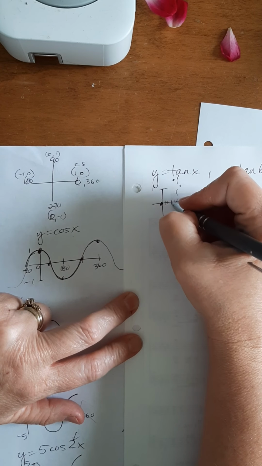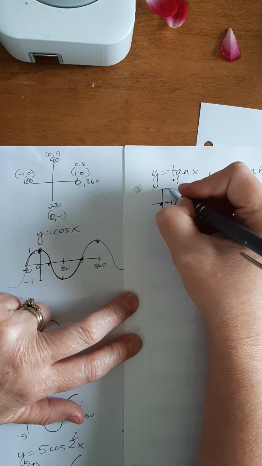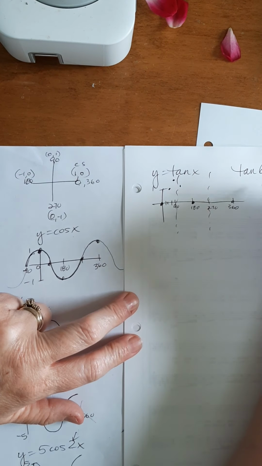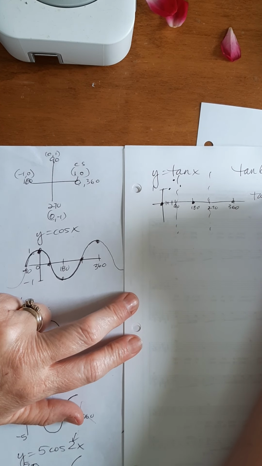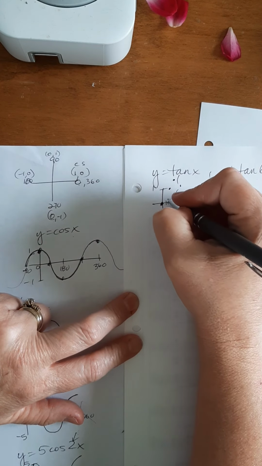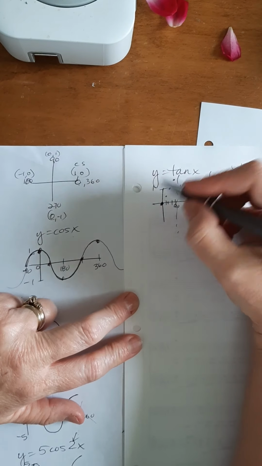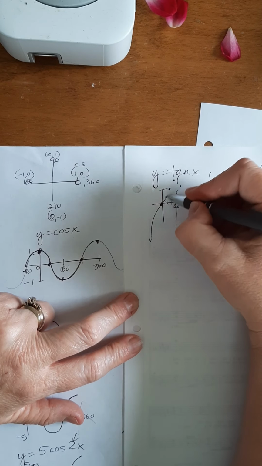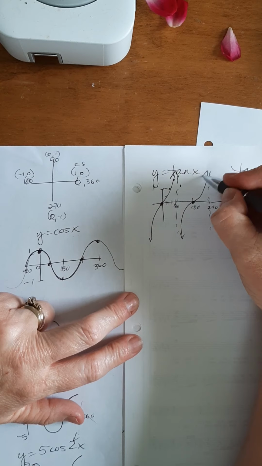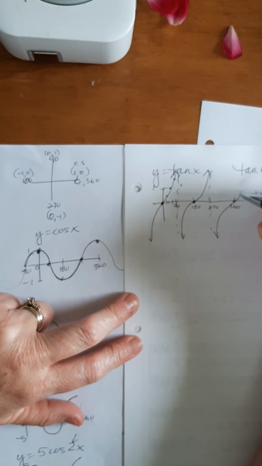Tangent of 45, 1. Tangent of 30, 1 over square root of 3. So we're going to guess about there. So what's happening is tangent looks like this. And if we added 90.